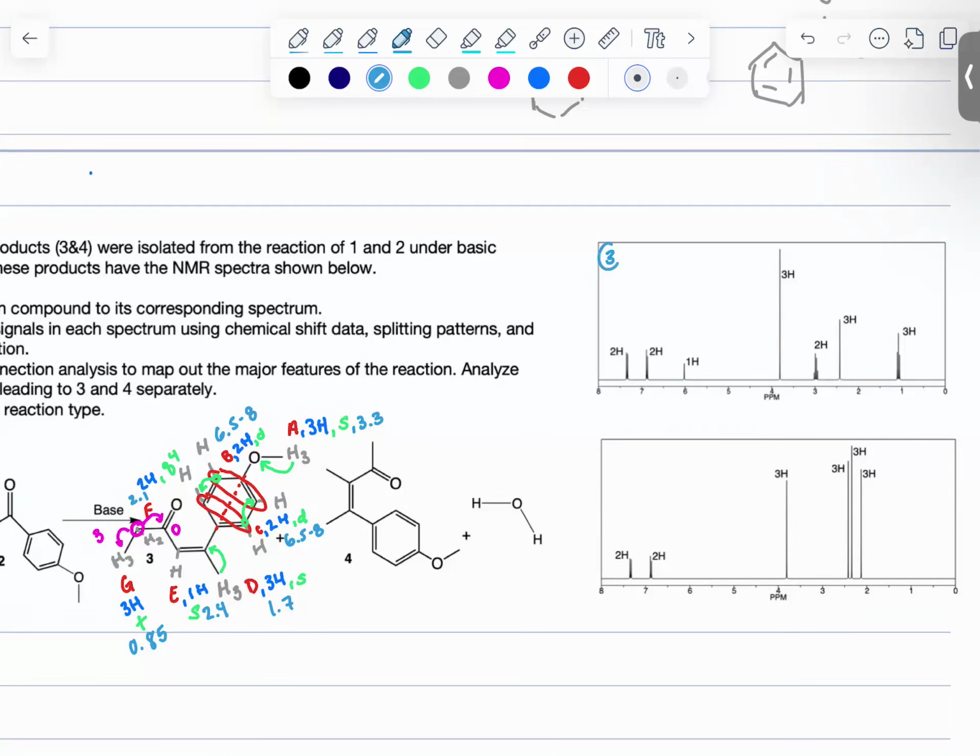Now we can go into each of these signals and start labeling the signals to the proton groups that we just made. So with our aromatic ones, you guys don't have to separate those. So we can put BC for these ones. What is that next signal? Which one do we have that is one proton?